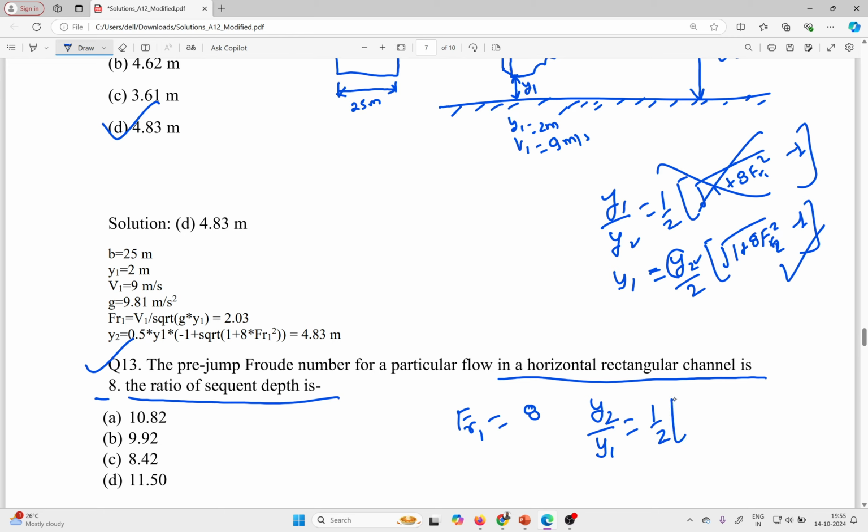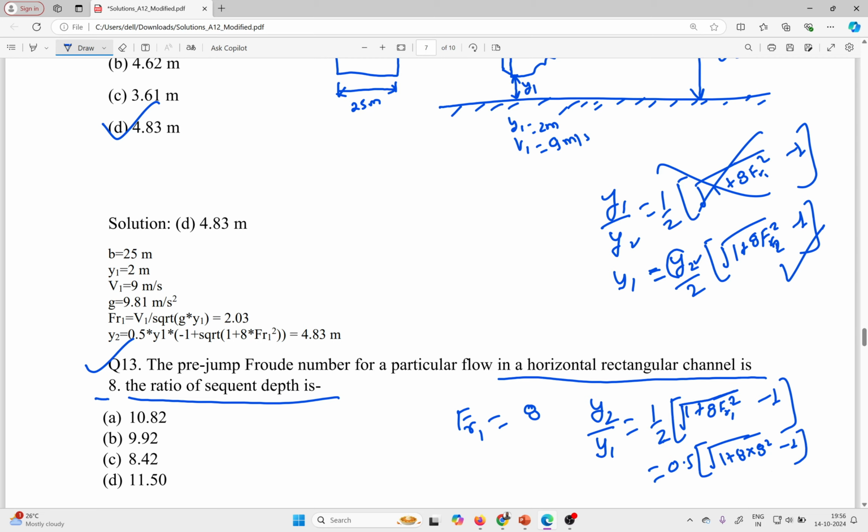Now 0.5 into 1 plus root over 8 Fr1 square minus 1, so 0.5, 1 plus 8 into 8 square minus 1.